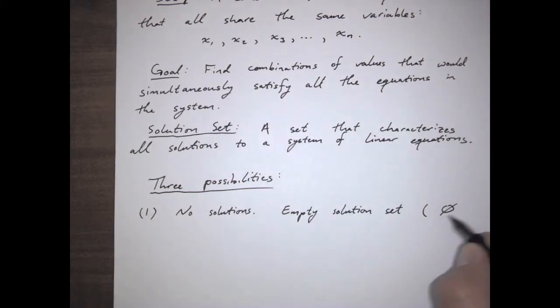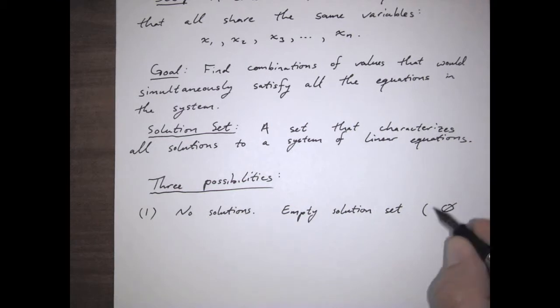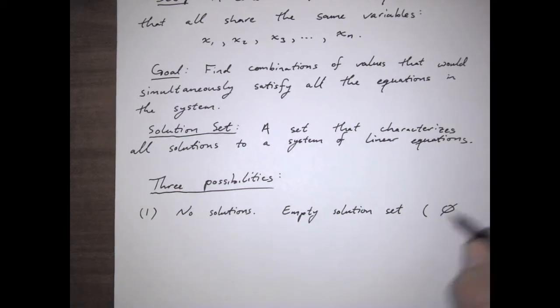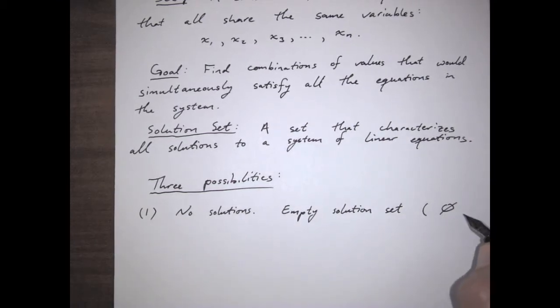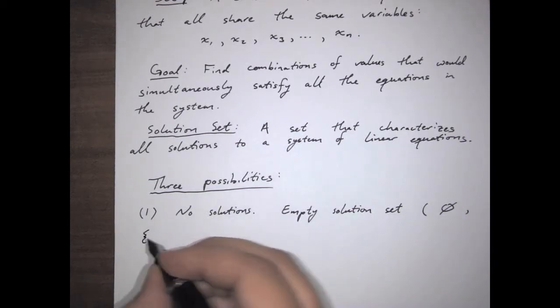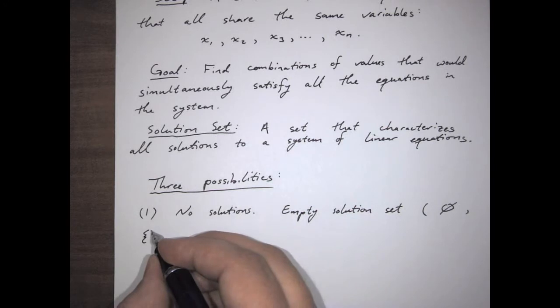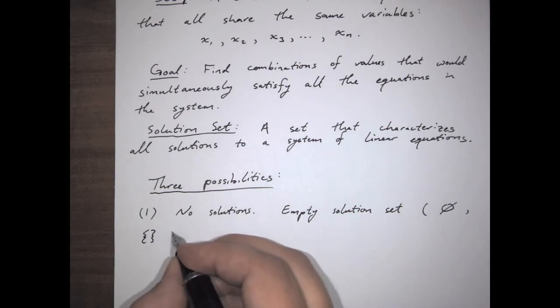This is a Norwegian letter. It comes from the Norwegian mathematician Abel, who was the first one to introduce it. It's like an O with a diagonal slash through it. Or another way of writing it is with an empty set of set braces.